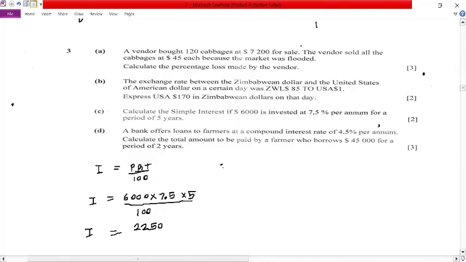Part D, a bank offers loans to farmers at compound interest of 4.5% per annum. Calculate the total amount to be paid by the farmer who borrows 45,000 for a period of 2 years.